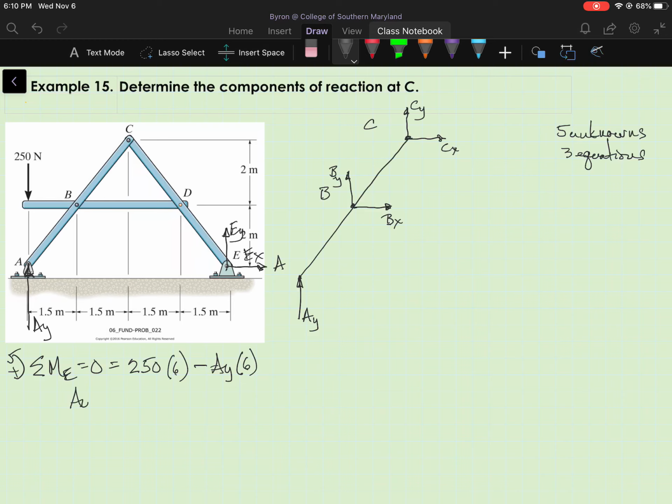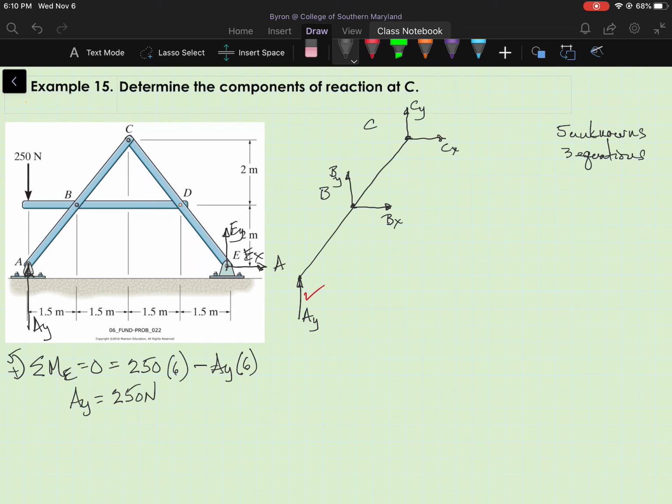So it turns out that A sub y equals 250 newtons.